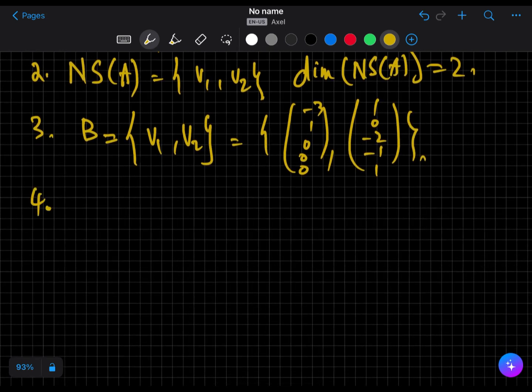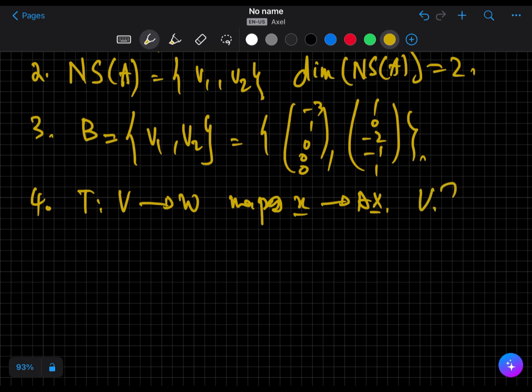In 4 it said that suppose you have T, which maps x to Ax. What is the vector space of V?